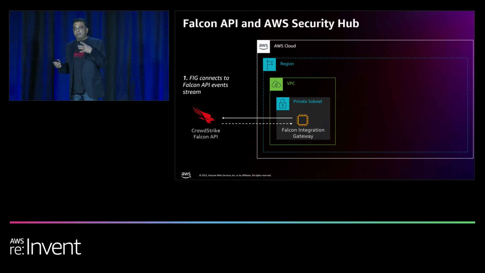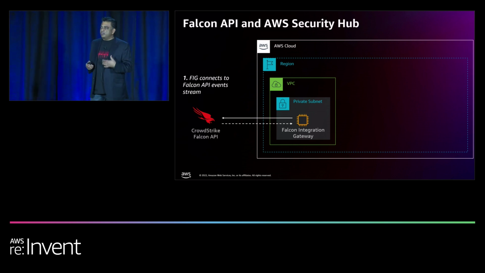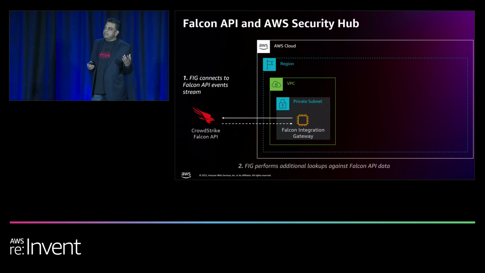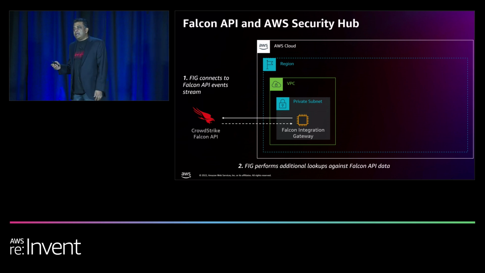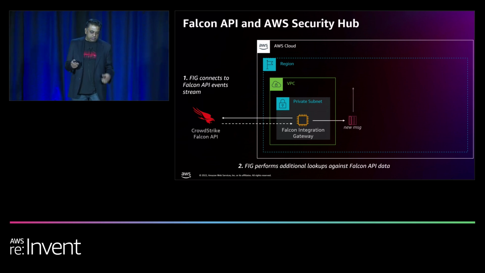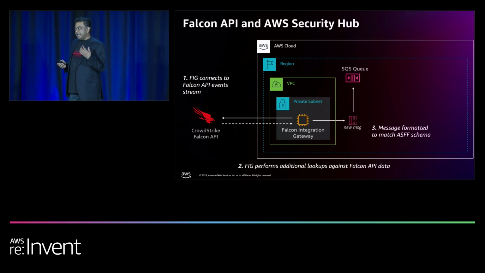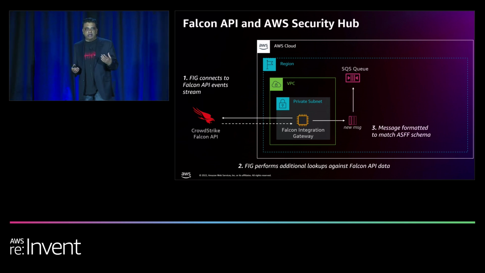So from there, with that event stream API integration with the FIG, the integration gateway, we would delineate the AWS-related infrastructure and compute and figure out the incidents that we need to push towards Security Hub. But with that, we also need to transform those events into the ASFF format, which is the schema that's recognized by Security Hub.